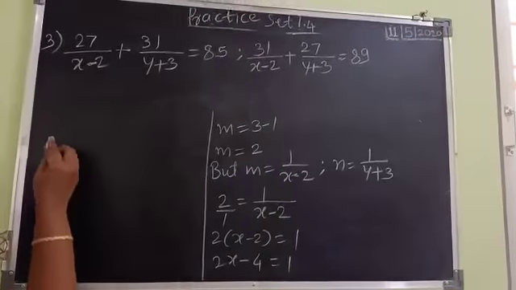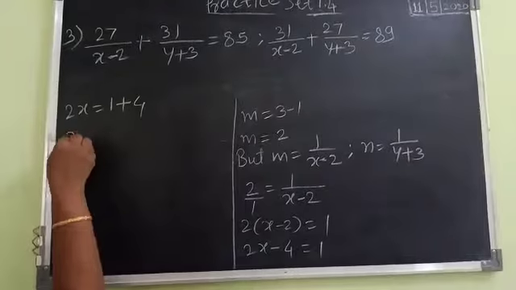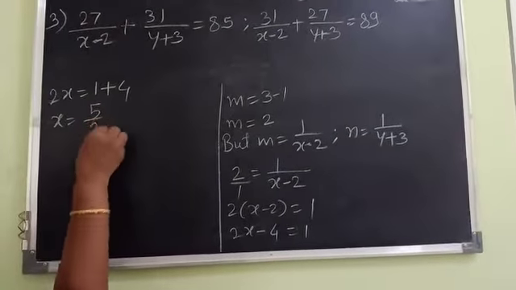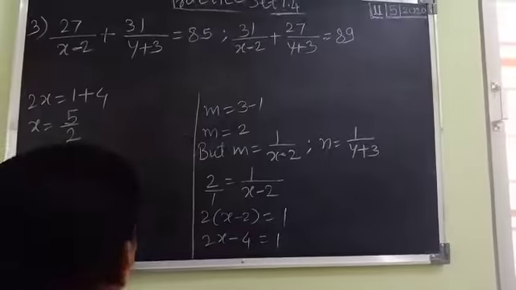So 2x is equal to 1 plus 4. 4 plus 1 is 5, and this is divided by 2. So x is equal to 5 upon 2.